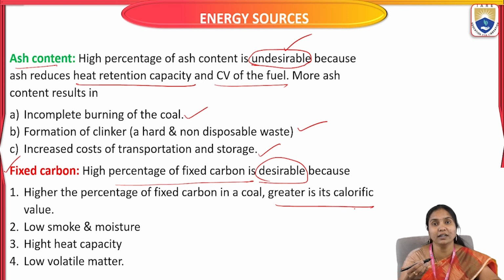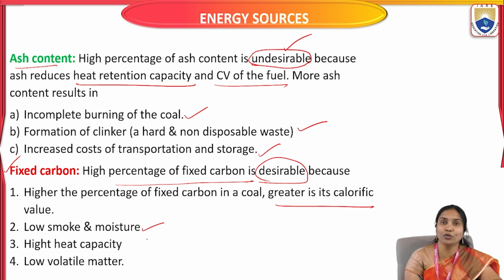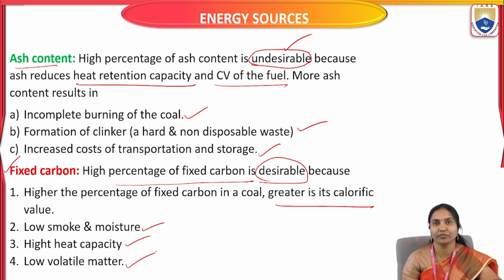It is the main character of coal. Good coal always contains a high calorific value. It produces more heat energy and low smoke, low moisture content also, high heat capacity, and low volatile matter.